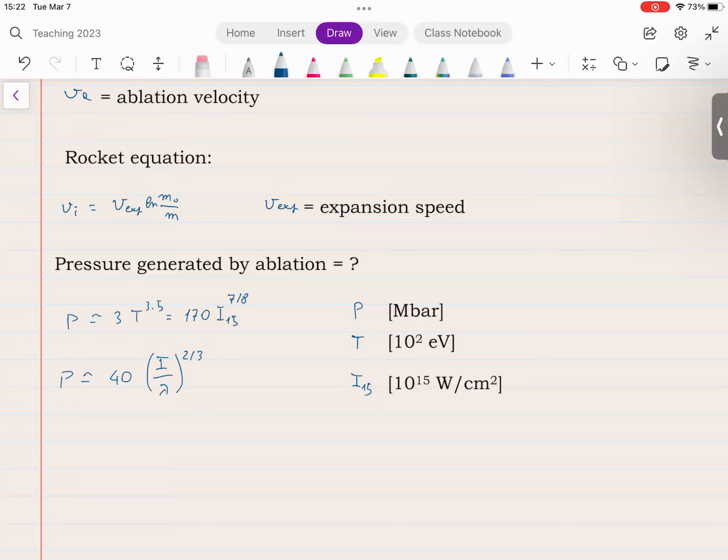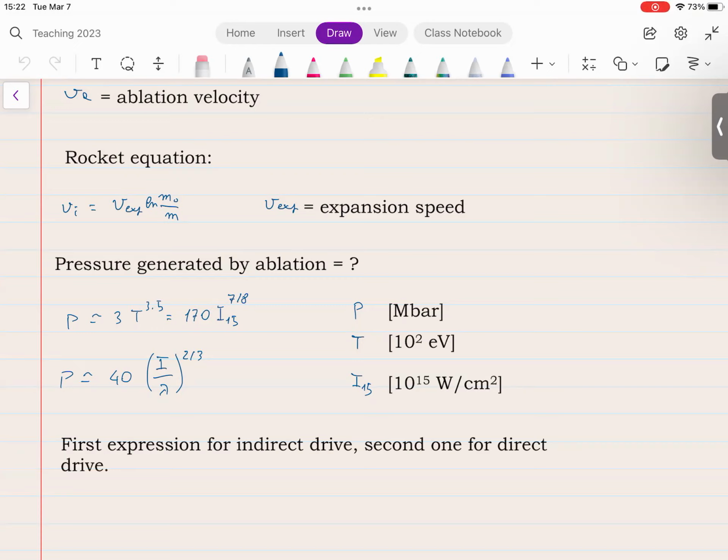Now I have two expressions, because the first one is for indirect drive, and the second one is for direct drive.